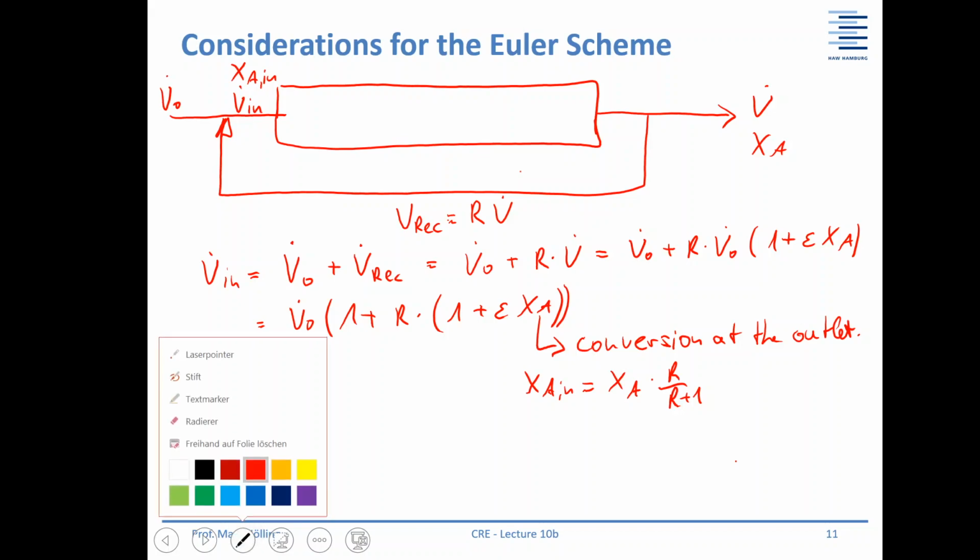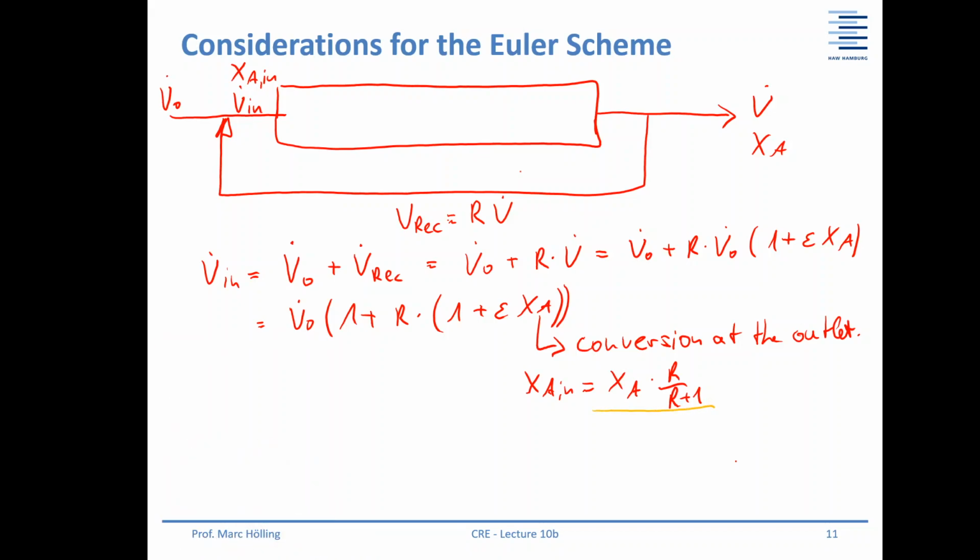So let me rewrite it. V dot 0, 1 plus R plus epsilon R XA. So, if you look here, then I can just add here this by R plus 1, and then I multiply it by R plus 1. So, and then I have to close the big bracket.